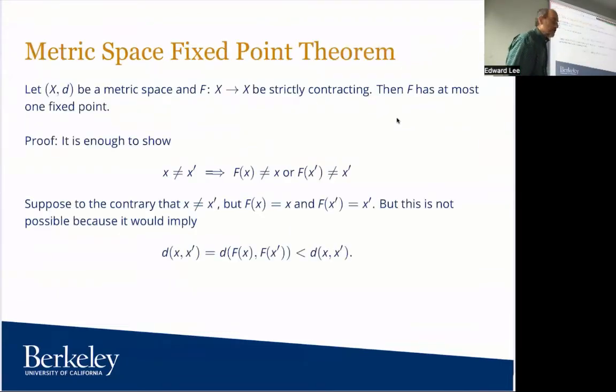And now we can use a fixed point theorem, which is a classic result in metric spaces, where if you have a function that is strictly contracting, then this theorem says that there is at most one fixed point. Okay, so that's going to be enough to give us uniqueness, but it doesn't give us by itself existence.